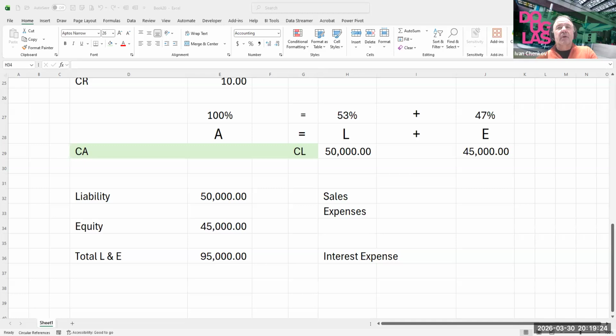So, income before interest and taxes. So we have to eliminate that one in our formula.